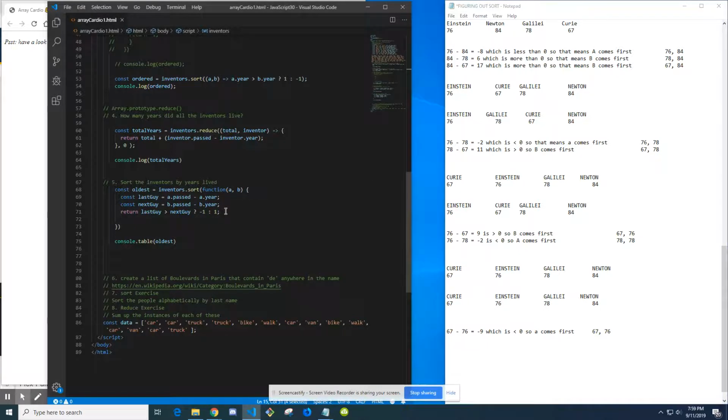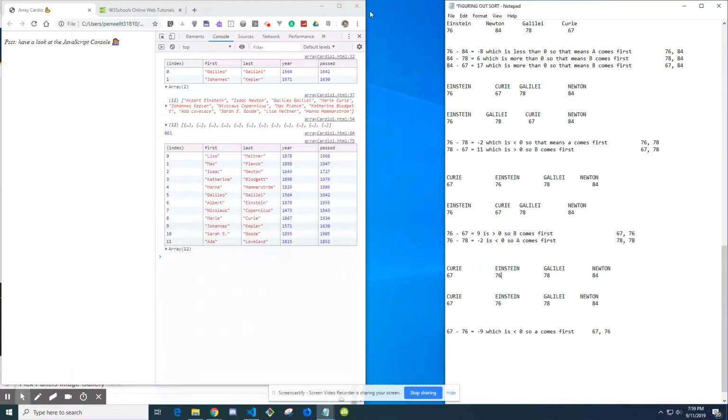He's wanting to sort. So it would return the last guy greater than the next guy. So if A is greater than B, which was the next guy, return -1. So you have Newton, Galilei, Einstein, and Curie. Okay, my order's right. I think I just started with this last. Yeah, but I got them in the right sequence.